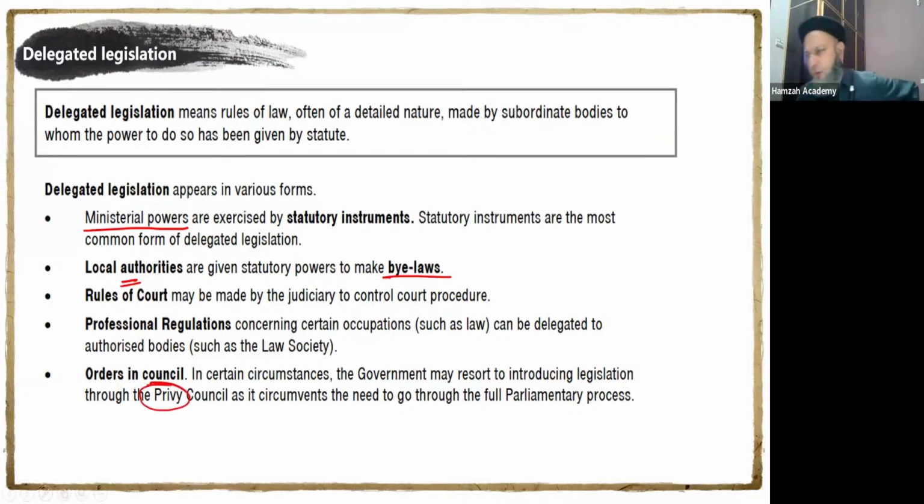The history of the Privy Council is that previously the king had a number of very close members of his cabinet that were the closest to him, and they used to help in making different decisions, different laws, and they also used to pass judgments in the courts of law as well.